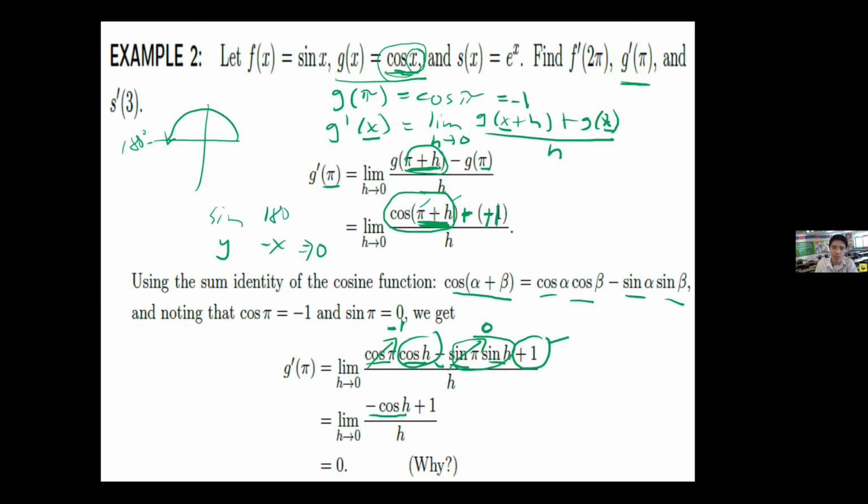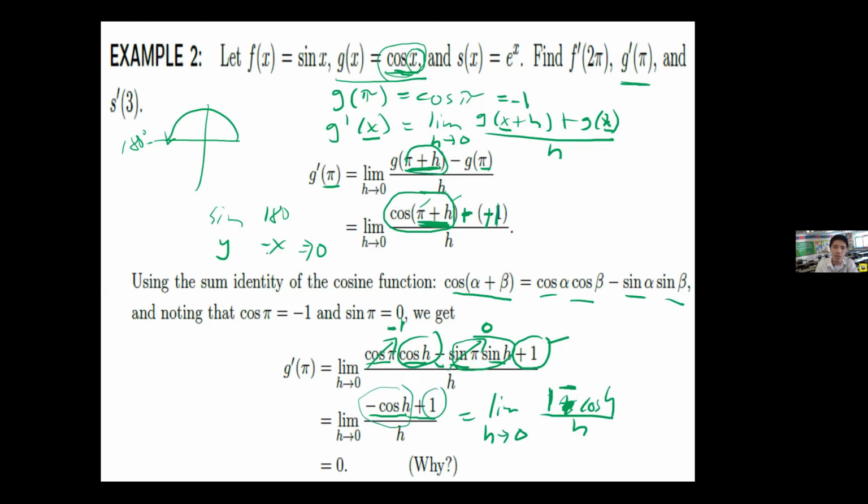Napaman si plus 1. And this can be written as limit of 1 plus cosine h over h as your h approaches to 0. Okay, gibaliktad lang nako. Giuna lang nako si 1. No, dili daw ni may plus minus dapat ni. Minus 1 minus cosine h over h.